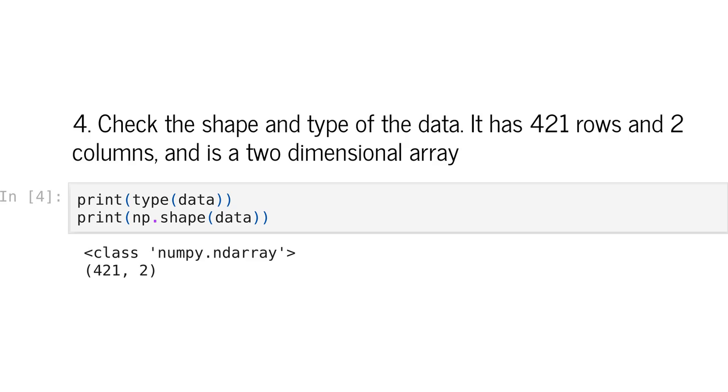The second statement, print numpy.shape data, reveals the dimensions of the array. For a two-dimensional dataset, this will typically return a tuple indicating the number of rows and the number of columns. In this specific case, we are told it has 421 rows and 2 columns, confirming it is a two-dimensional array ready for further manipulation or analysis.